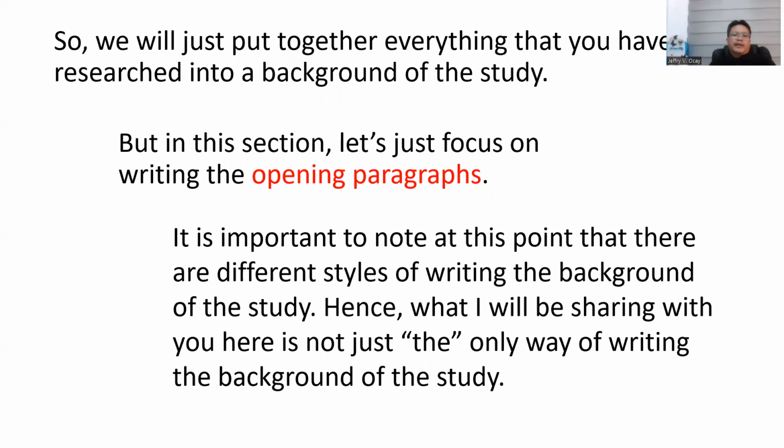It is important to note at this point that there are different styles of writing the background of the study. Hence, what I will be sharing with you here is not the only way of writing the background of the study. There are a lot of styles, but mine is the most common one. So this is just one of those styles.